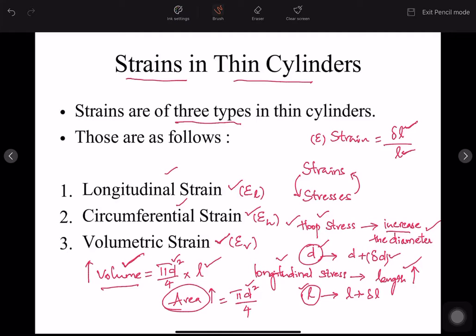That increase in the value of the volume we can calculate by deriving an equation for volumetric strain.